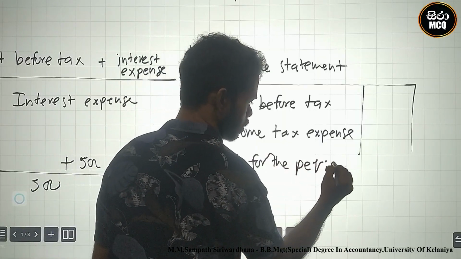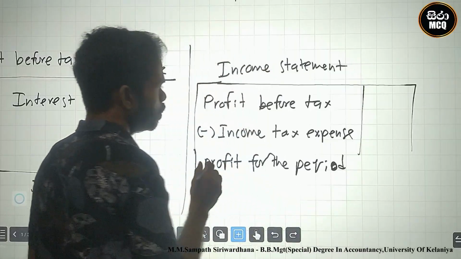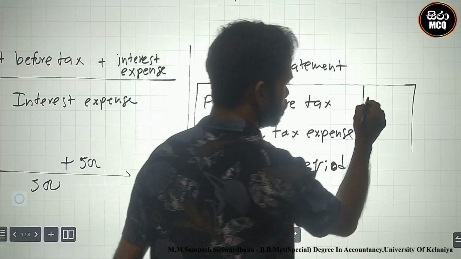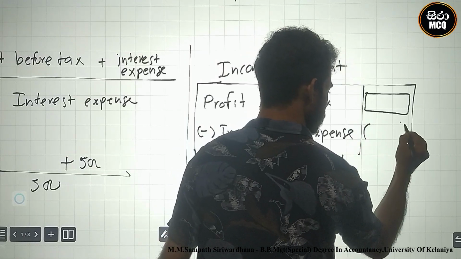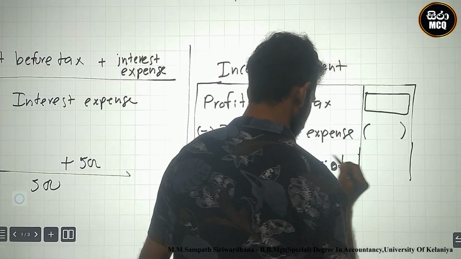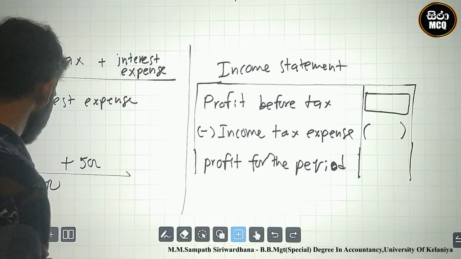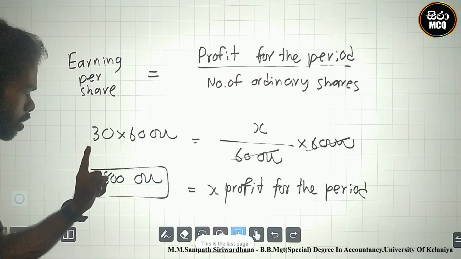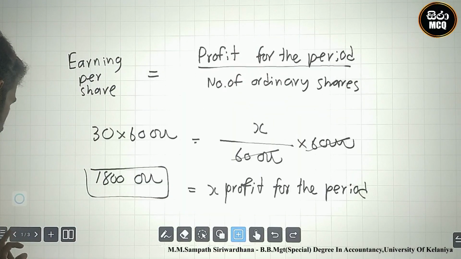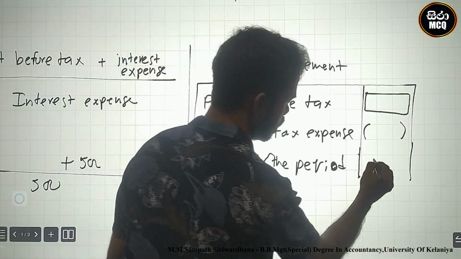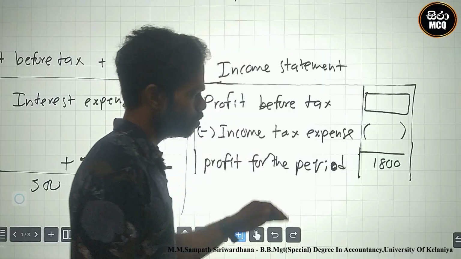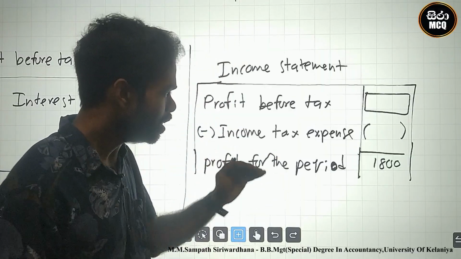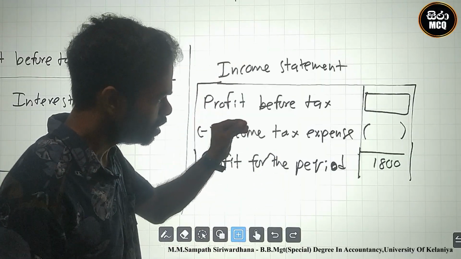We want profit before tax now. Profit for the period was already calculated as 1,800, after the income tax was deducted.